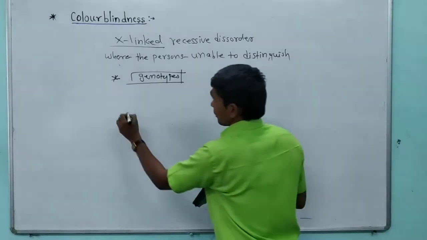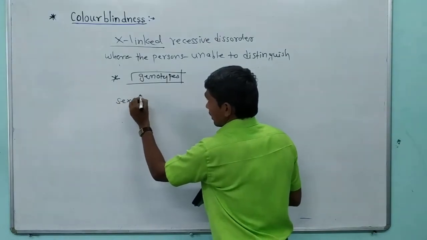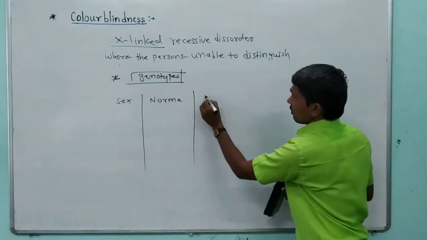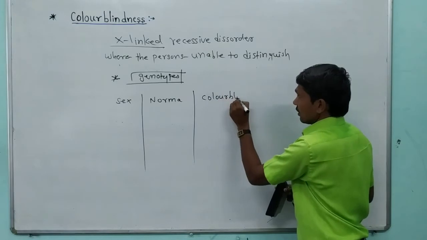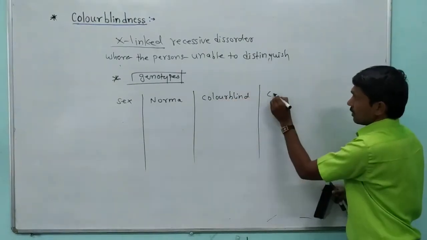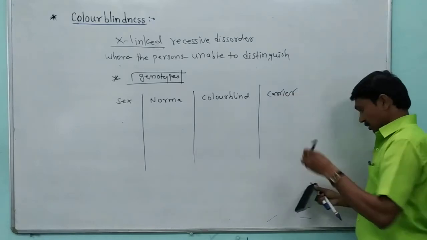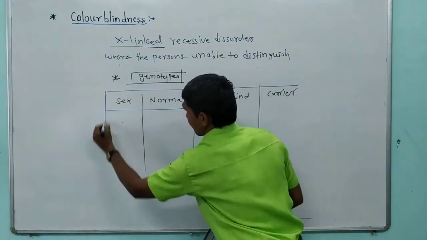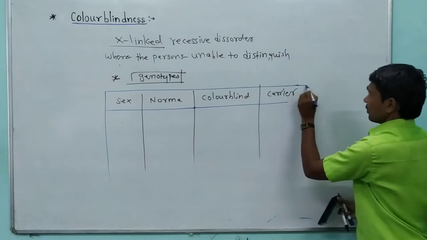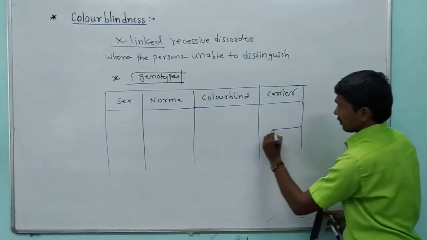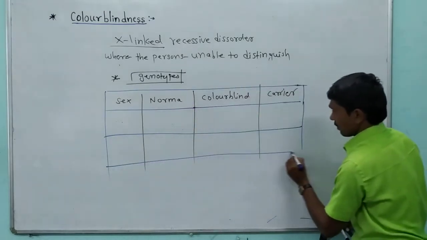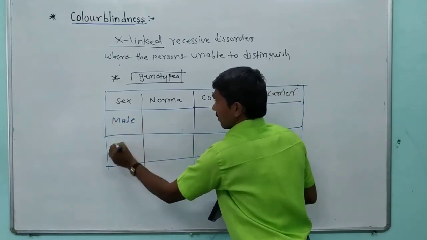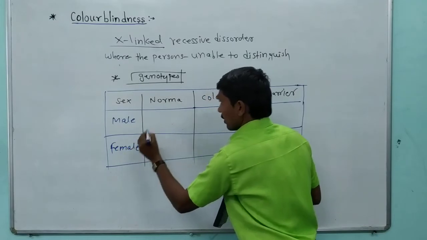So here we have sex, normal, colorblind and carrier, with male and female.